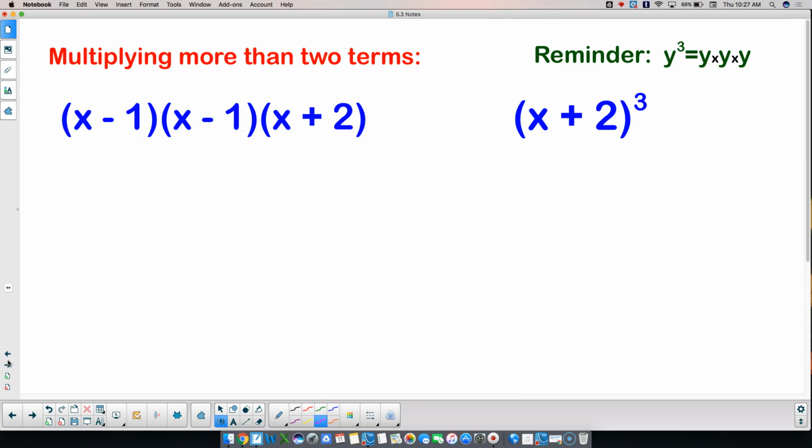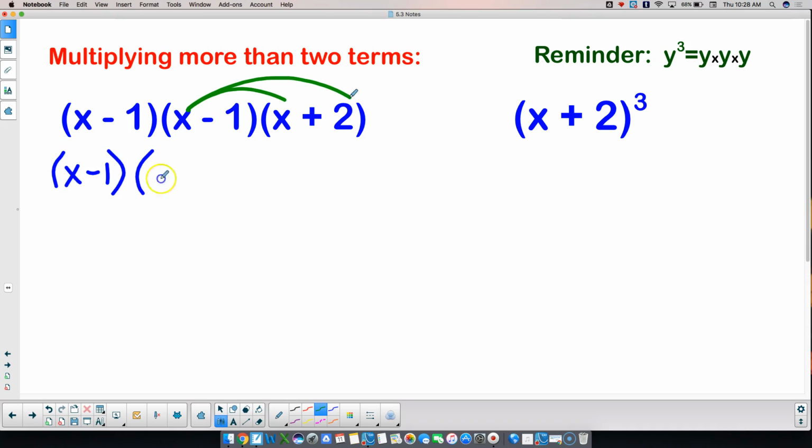Now, if I have more than two things that I'm multiplying, the downfall is that I can only multiply 2 at a time. So in this one, I can only multiply 2 things at once. So I'm going to go x minus 1 times, and then I'm going to do this multiplication.